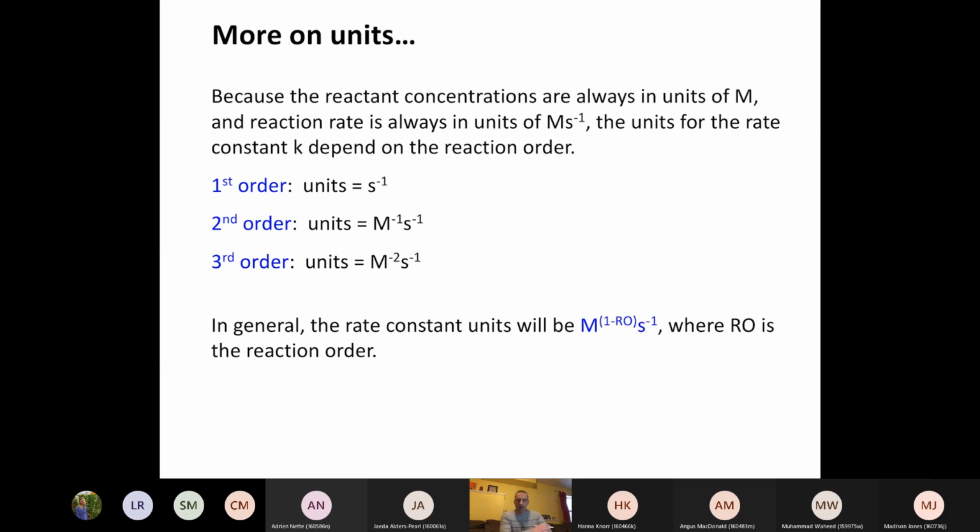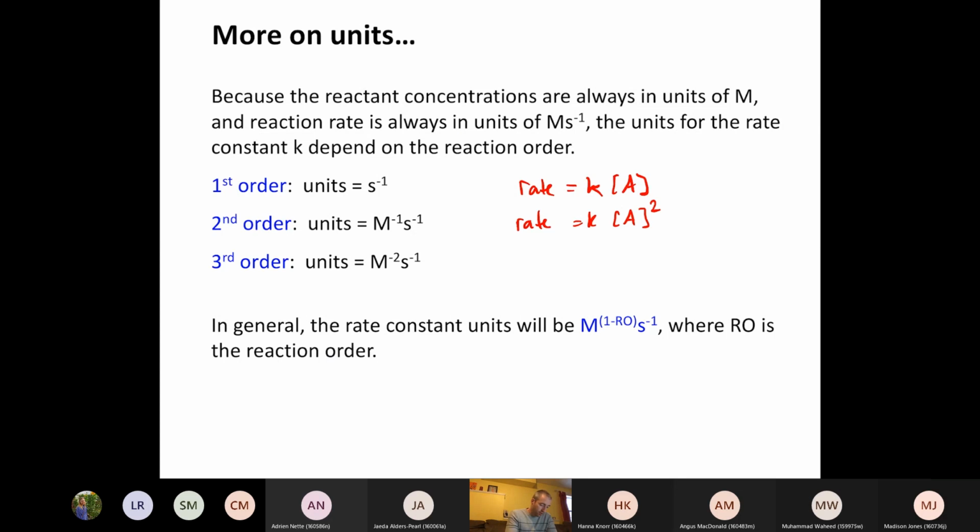So we could have reactions that are first order, second order, third order. A first order reaction would have a rate law that would look like rate equals K times just a single reactant. A second order would have 2 reactants, maybe like A squared.